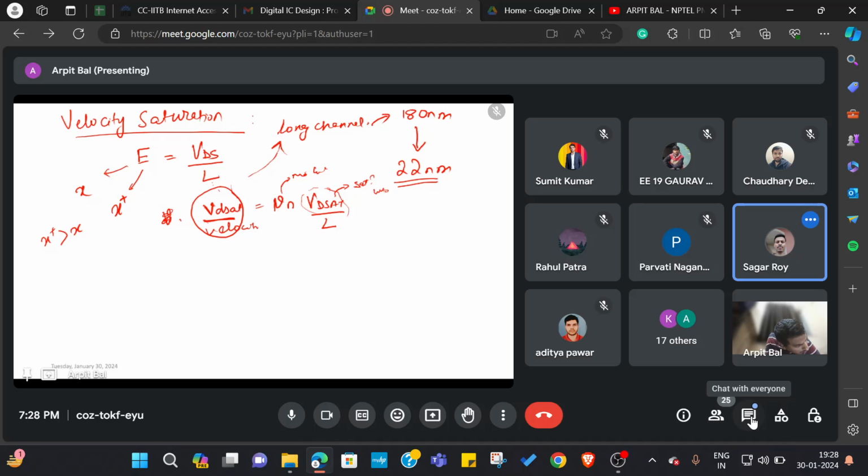It will be saturated. So this is the issue with scaling the technology node, where the short channel effects become more prominent.